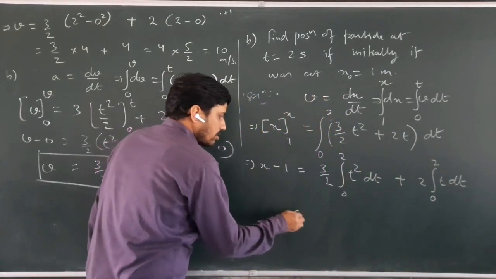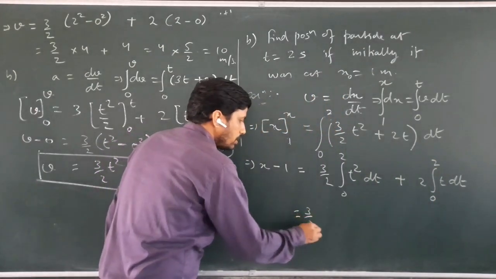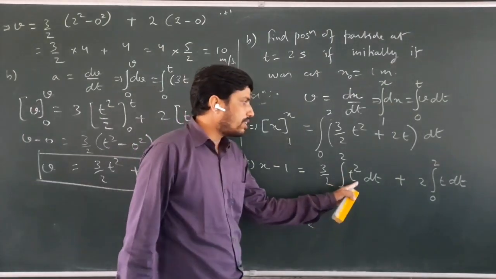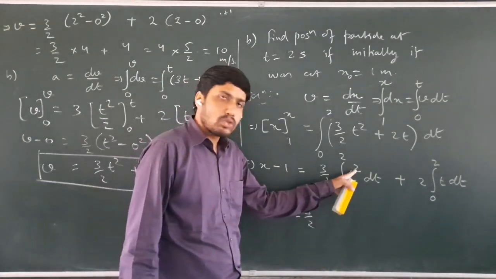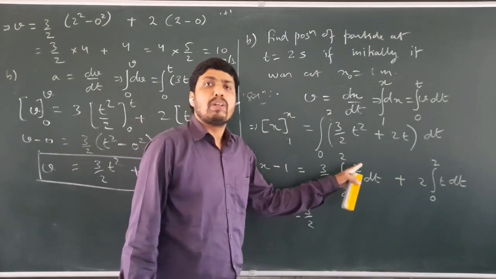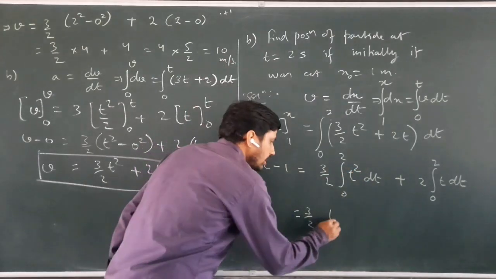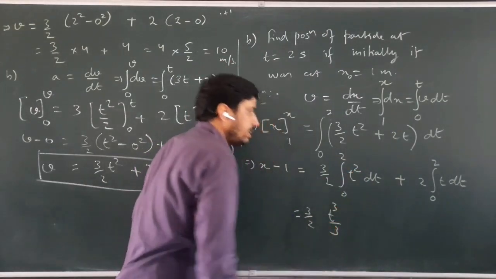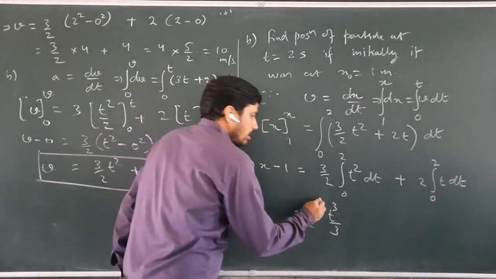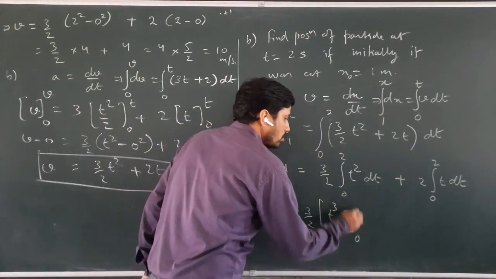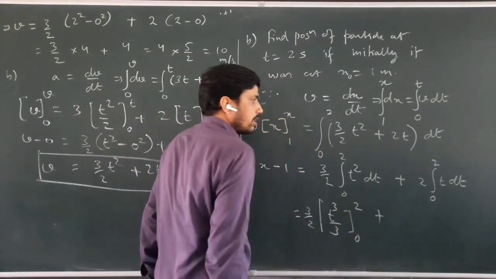So this implies x minus 1 is equal to 3 by 2. What is integration of t square dt? Power is 2. So t to the power 2 plus 1 by 2 plus 1, that is t cube upon 3. Limits from 0 to 2 plus.